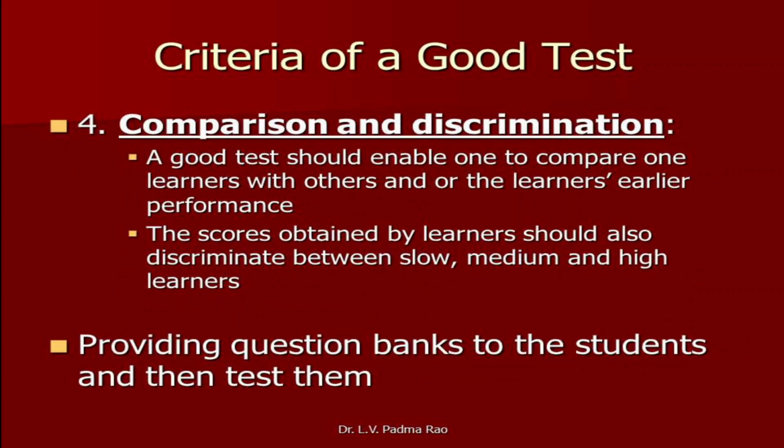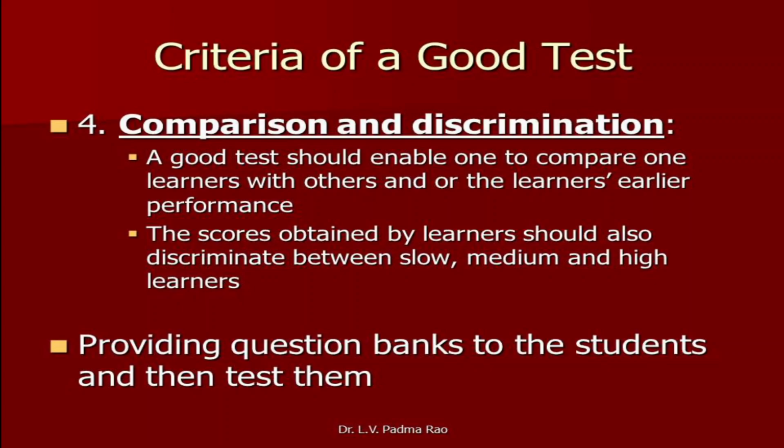The fourth criterion of a good test is comparison and discrimination. A good test should enable one to compare one learner with the others and or the learner's earlier performance. The scores obtained by learners should also discriminate between slow learners, medium learners and high learners.